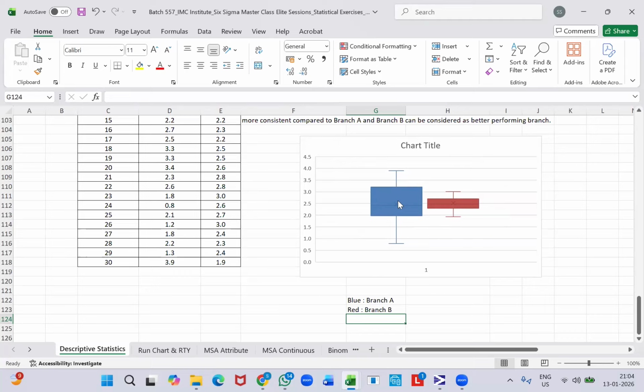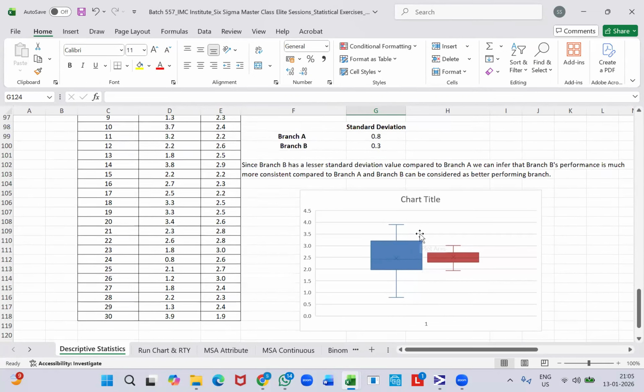So here we find branch A's box whisker plot is lengthier compared to that of branch B, or branch B's box whisker plot is much smaller in length compared to that of branch A. So we can clearly identify that branch B's variation is much lesser compared to that of branch A.